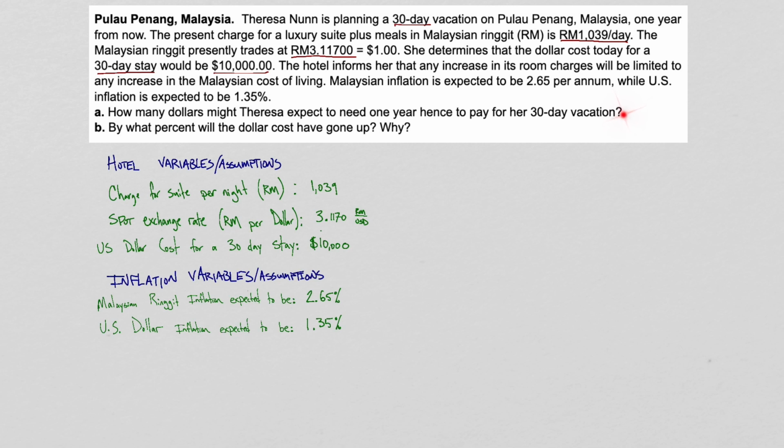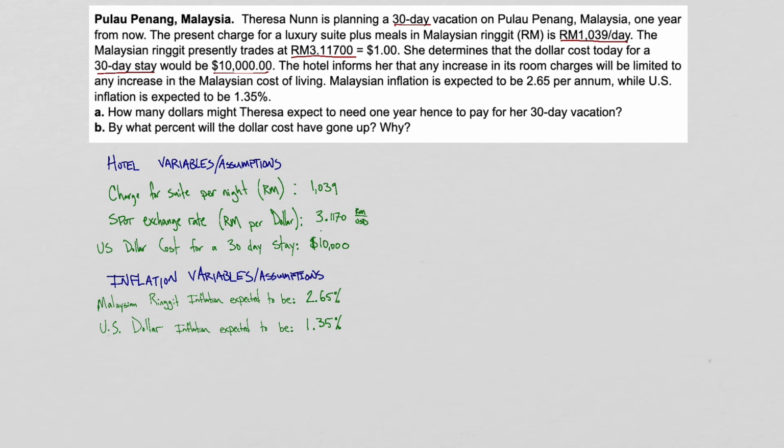And so it looks like the language here is that what we're being asked to do is figure out what the spot exchange rate is going to be. I mean, yes, we're buying a hotel stay 1 year from now in a foreign currency. What we're really being asked for is how much is that going to be in U.S. terms 1 year from now? So we need to convert some currency first.